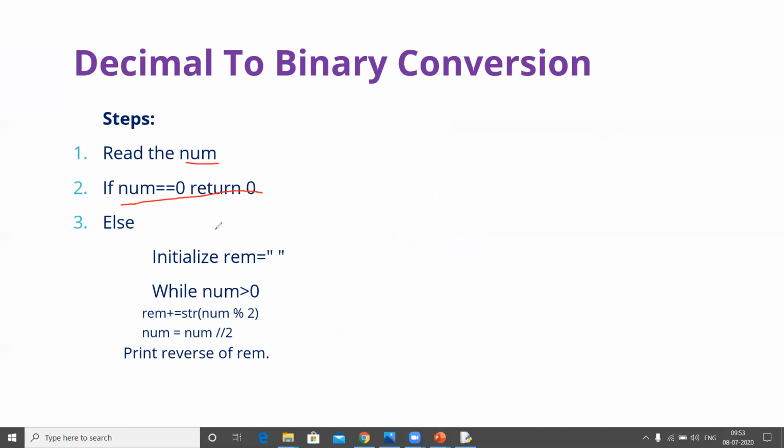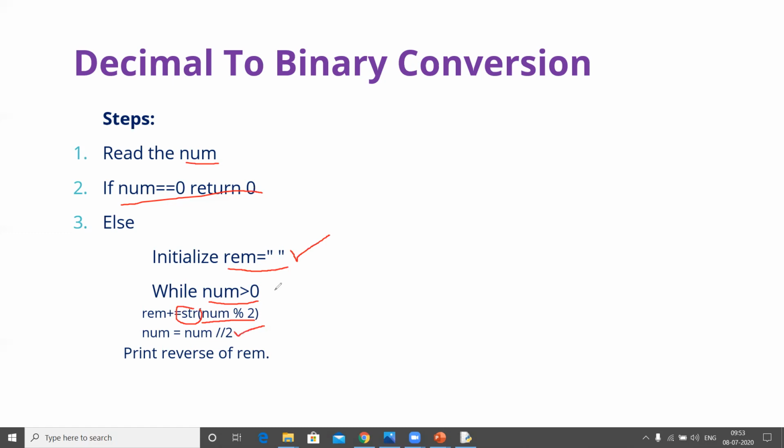Now take a remainders string, an empty string, and while the number is greater than 0, continuously compute the num modulo 2 value, meaning the remainder you get when the number is divided by 2, convert it into string type and add that remainder to the remainders string. Now compute the number as number by 2.